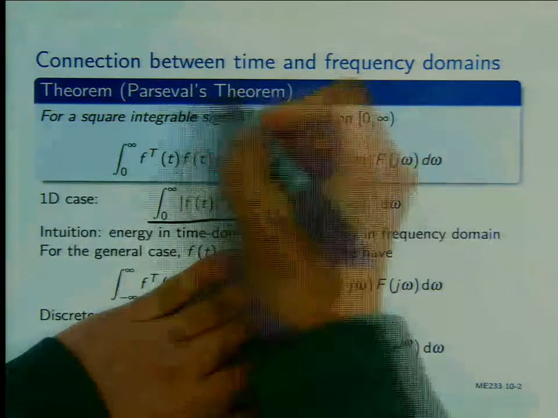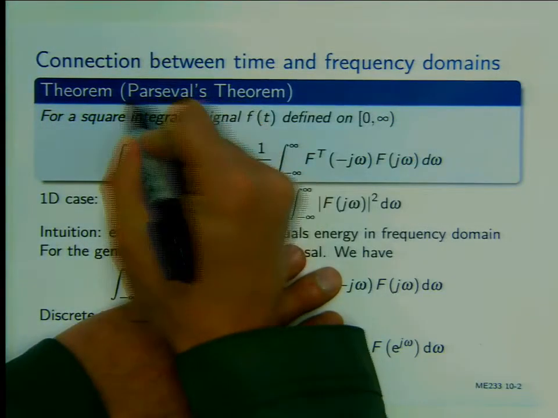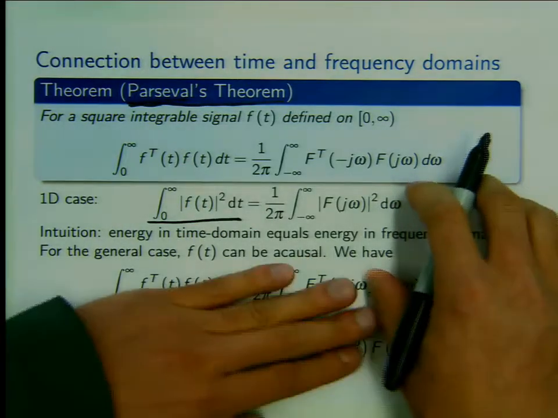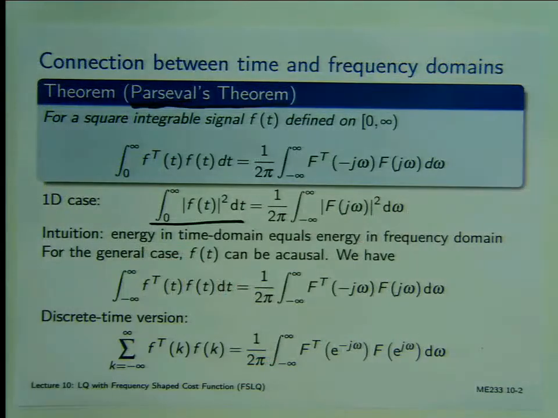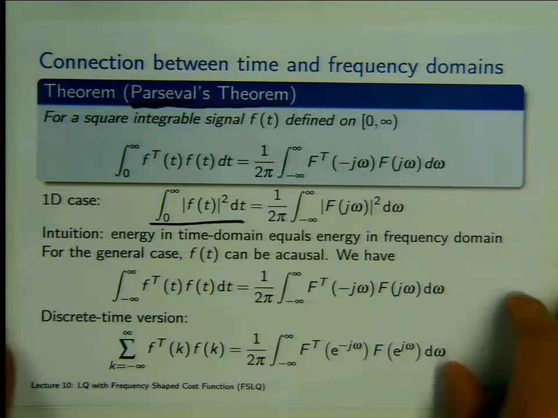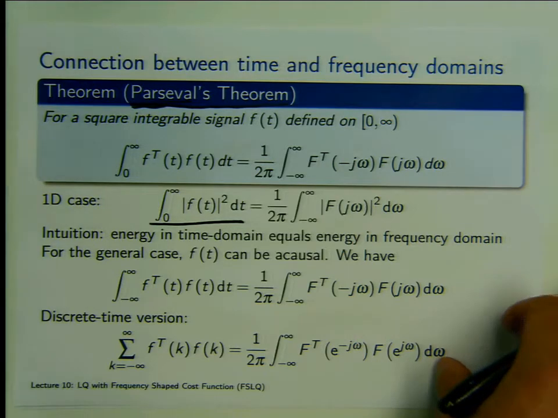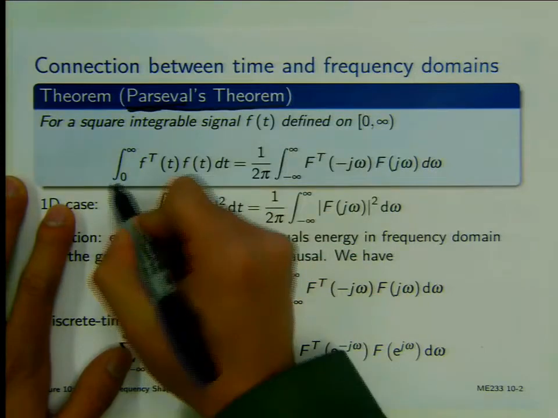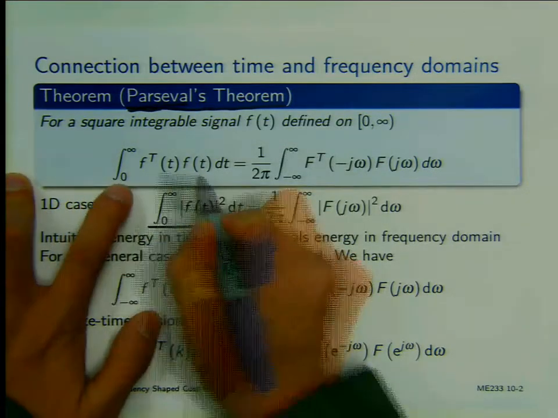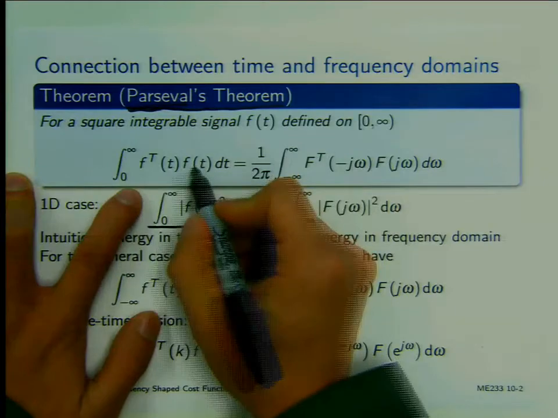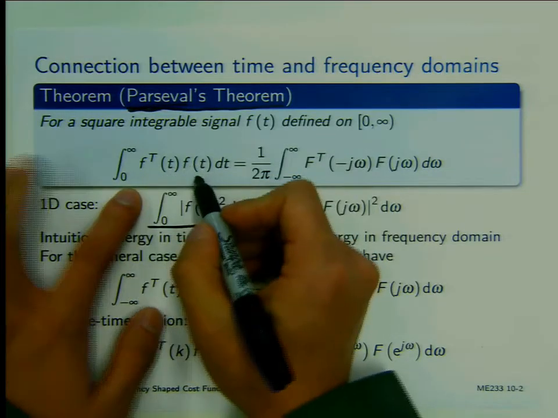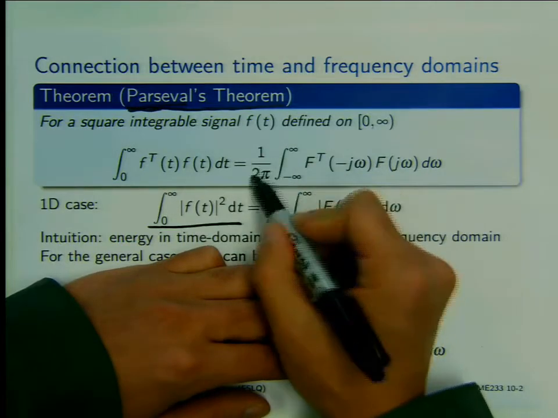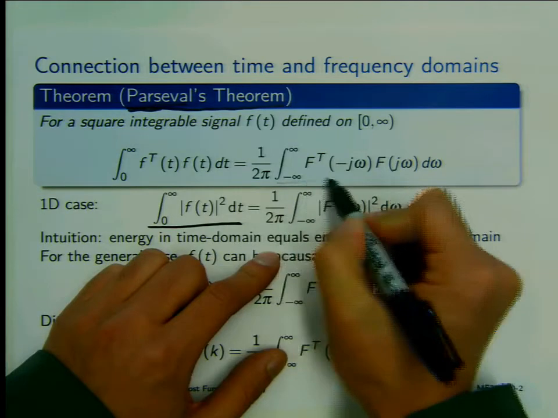Now, this theorem is called Parseval's theorem. Parseval was a French mathematician. He invented this very early, between the 17th and 18th century. He showed that the integration of the square, f transpose times f, of this time domain signal equals exactly a normalized form of the integration in the frequency domain.